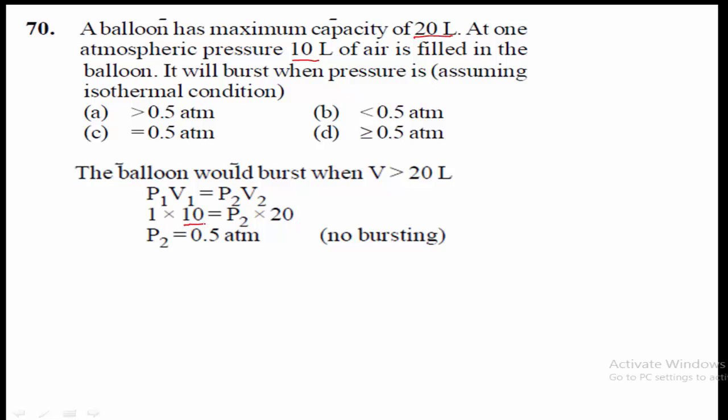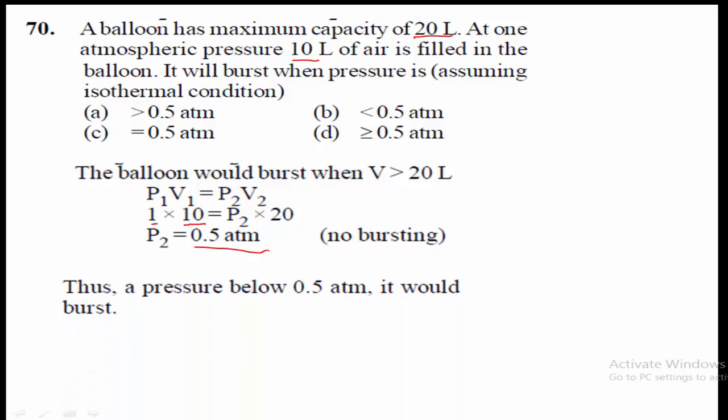So it is taken as V1, and it is filled at atmospheric pressure, that is 1. Substitute the values, you will get P2 equal to 0.5 atm. Therefore, below a pressure of 0.5 atm, it would burst. Hence option B will be the right answer.